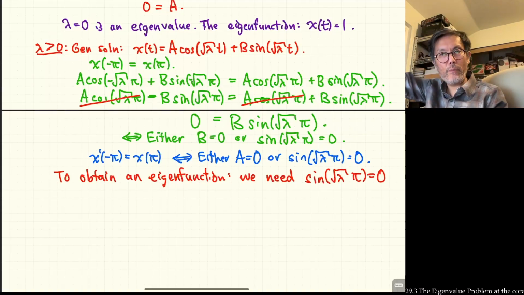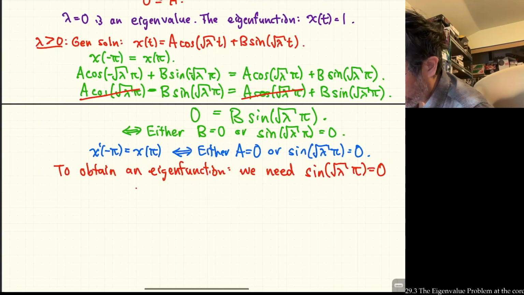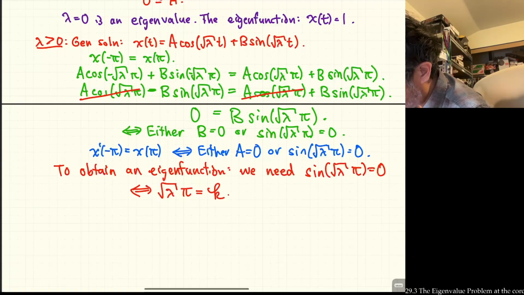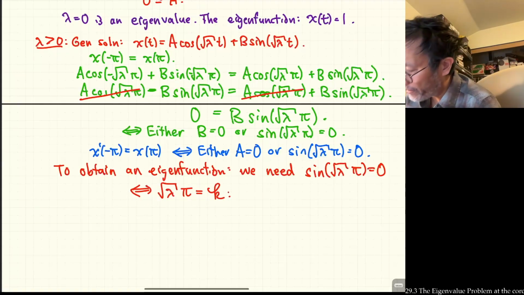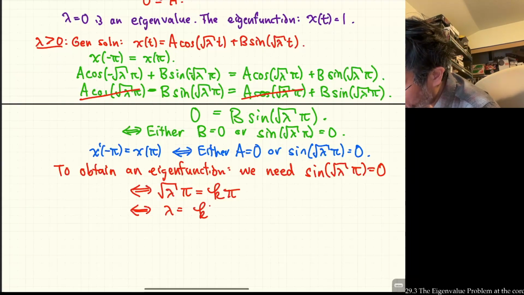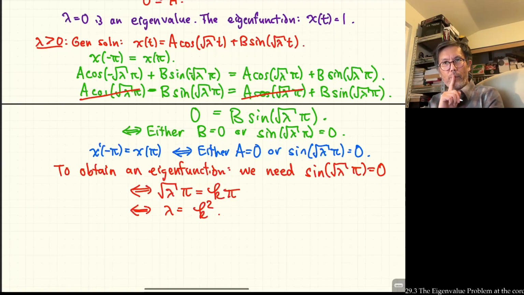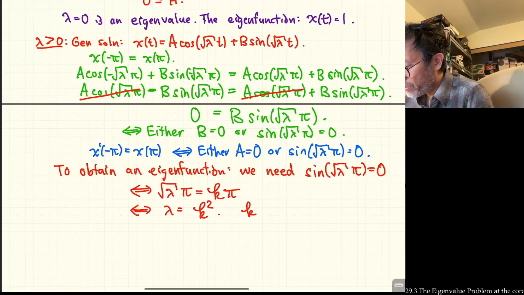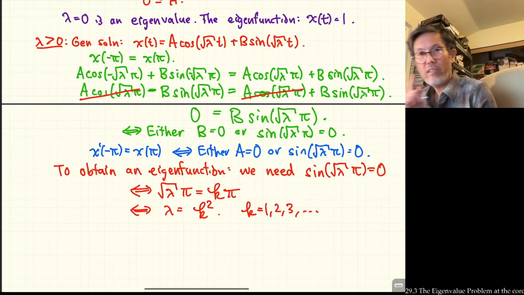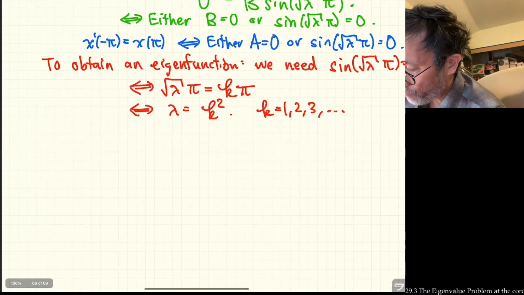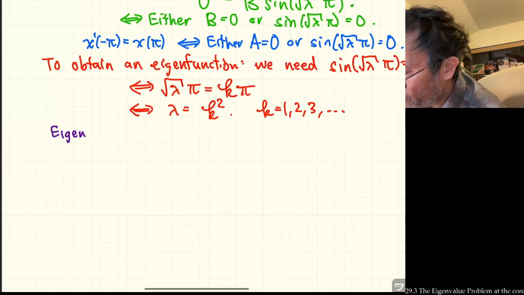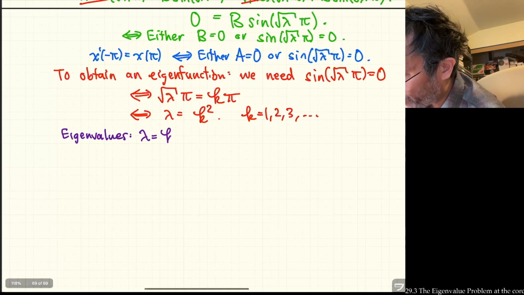But just as in the previous example, this is equivalent to square root of lambda times pi being an integer multiple of pi, which is equivalent to lambda being equal to k squared, for k equals 1, 2, 3, etc. Okay? And so what we found is that we know the eigenvalues now. The eigenvalues are given by lambda equal to k squared.